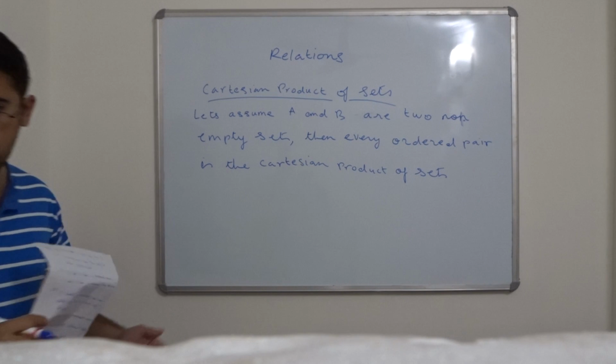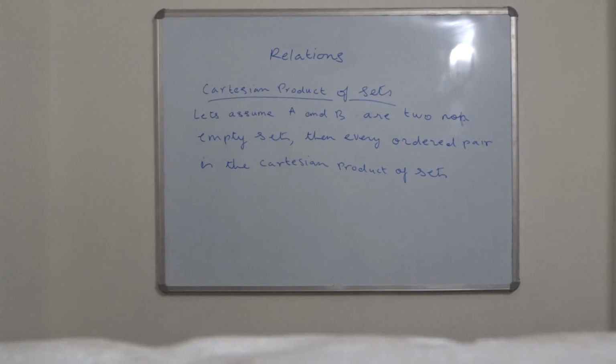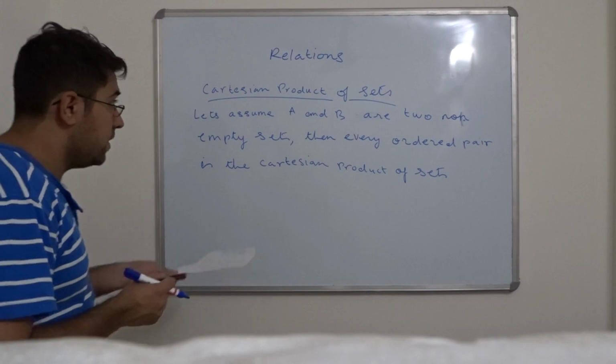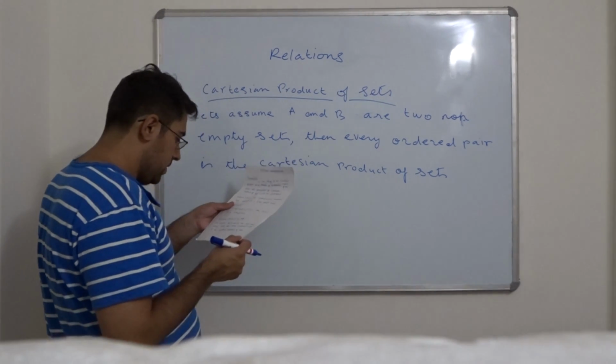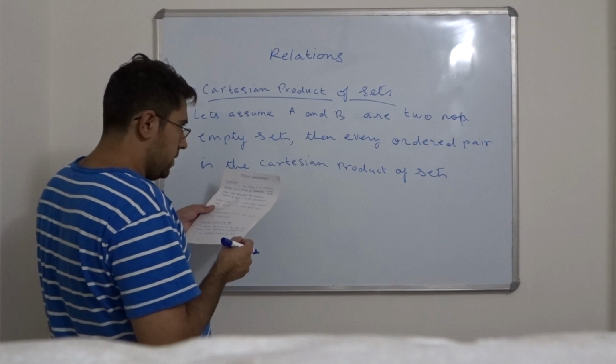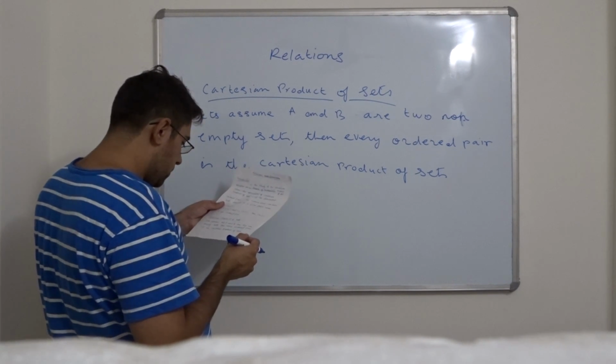So this is one thing that you should understand. Just keep this in your mind. Let's say A and B are two non-empty sets, then every ordered pair.